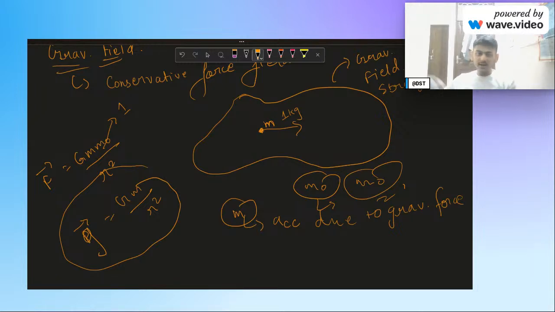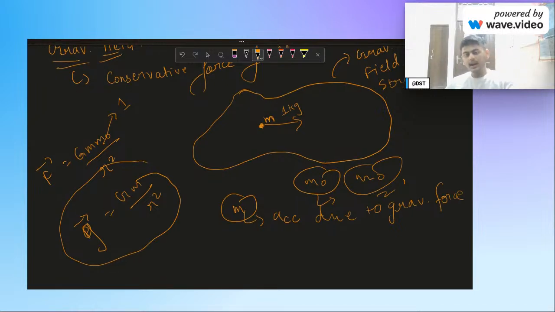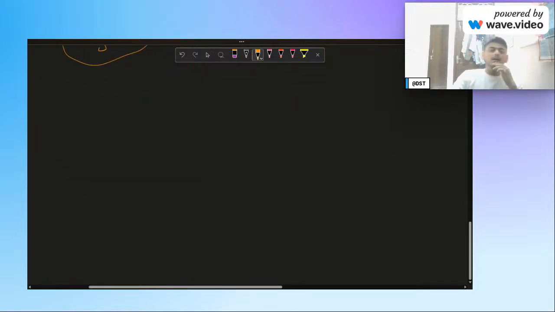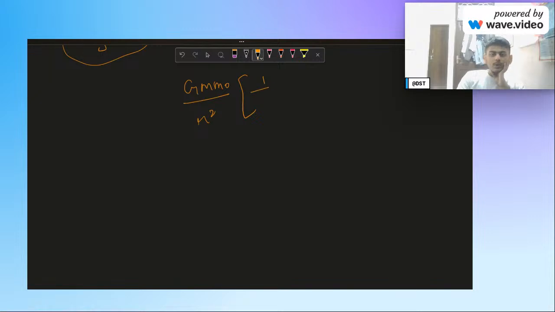Due to extended bodies, again we can use integration. For example, as we did in the rod, the formula came out to be G m m naught by L into 1 upon r minus 1 upon r plus L. Sorry, this won't be r squared, to keep the dimensions right.